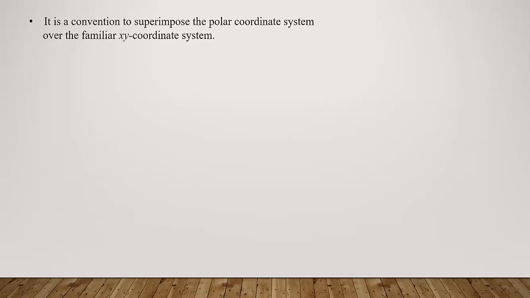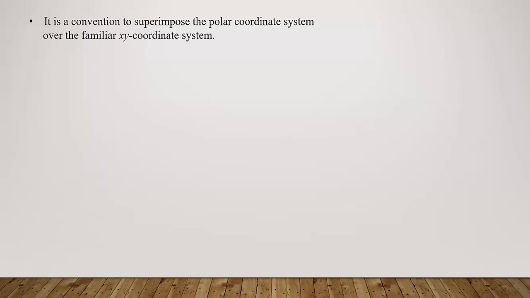All right, that was a quick review of our polar coordinate system, the polar axis and the pole. Keep in mind what I said about the directed distance and the directed angle. Now, it's a convention to superimpose the polar coordinate system over our familiar XY coordinate system. Remember, there are many different names for the XY coordinate system. It can be called the XY plane, the Cartesian coordinate system.